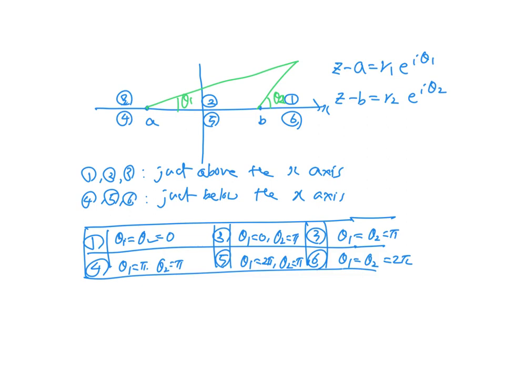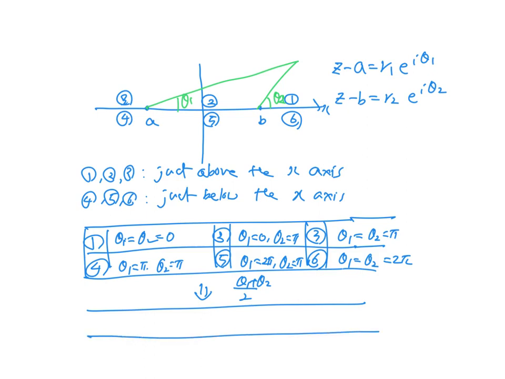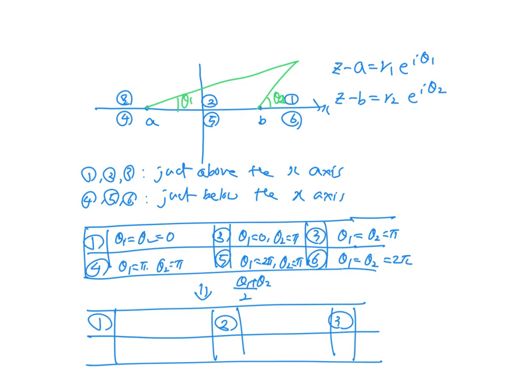So we calculate theta 1 plus theta 2 in the 6 different regions. 1, 2, 3, 4, 5, 6.